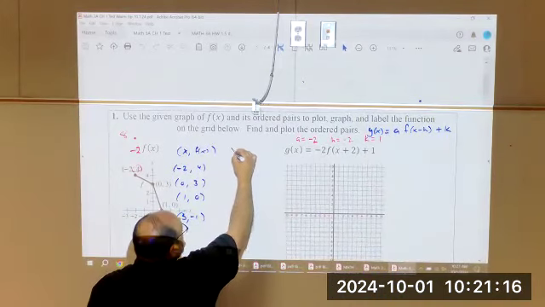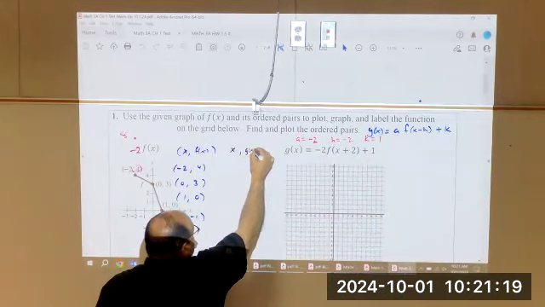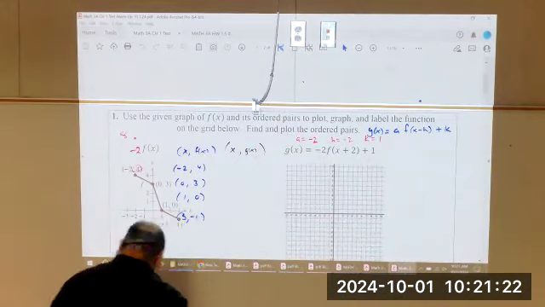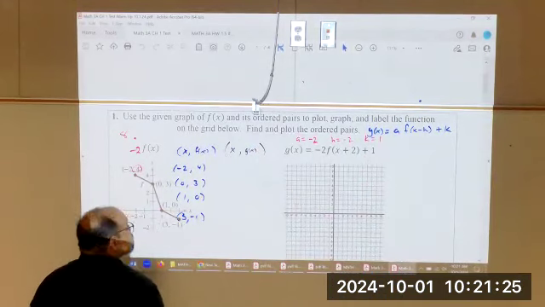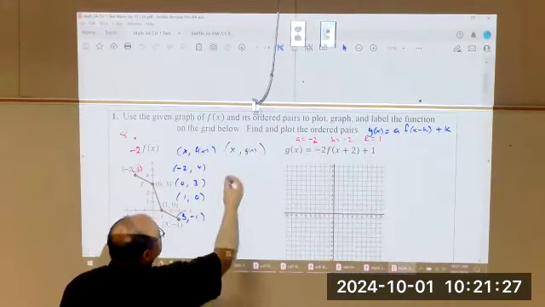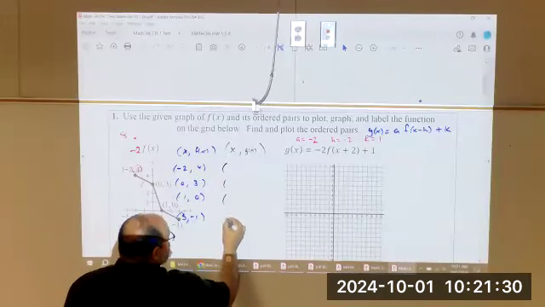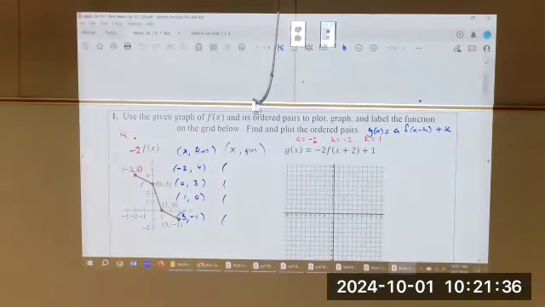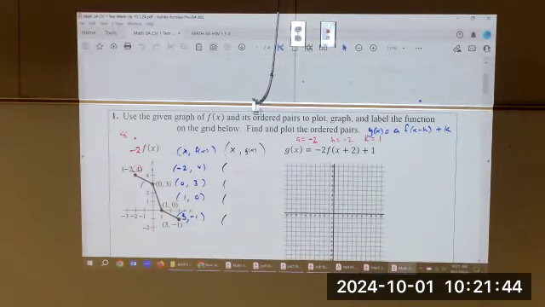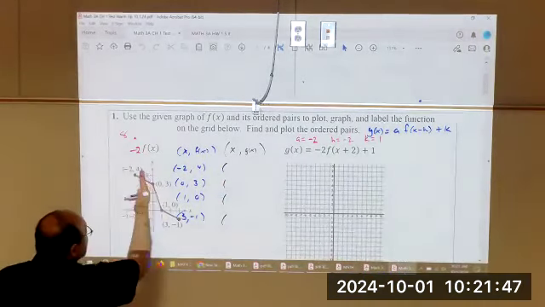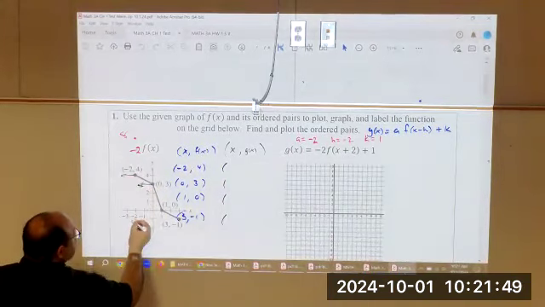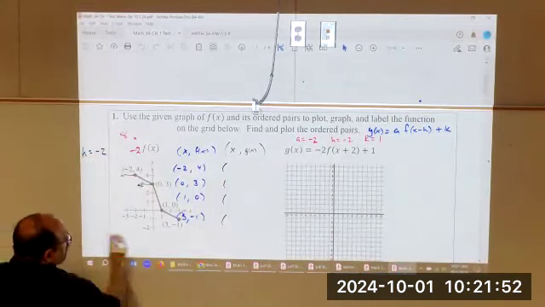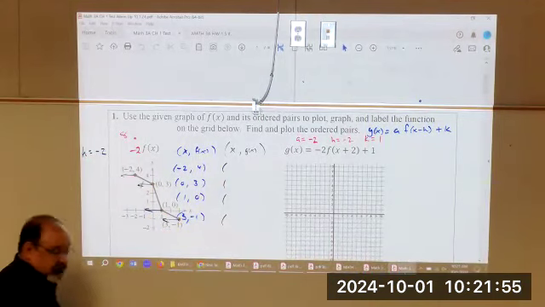So these are going to be my x, g of x, ordered pairs. I'm just going to focus on the x's first. What are my x's going to be that I want to graph over there? All of these points need to go this way because h equals -2. They're all going to go that way 2 units.